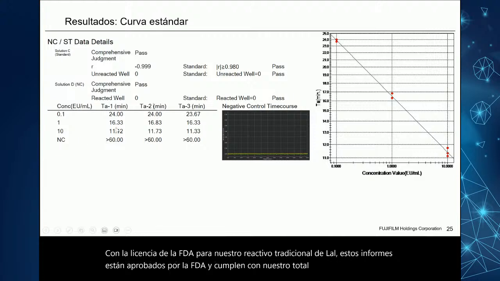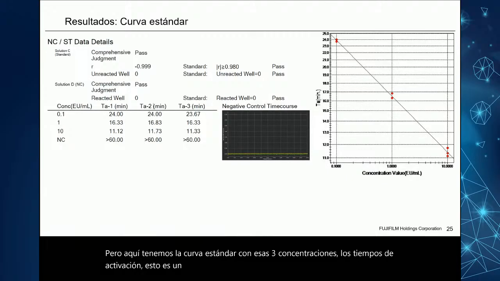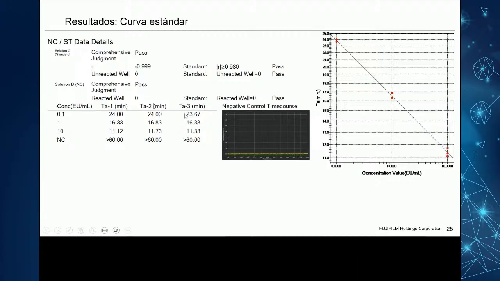But here we have the standard curve with those 3 concentrations, the activation times. This is a snip, if you will, directly from our test reports that we have. So no need to have these parameters set up customized in your software. This would work with the software that we have, as well as any of the software of the multiple other kinetic chromogenic manufacturers.